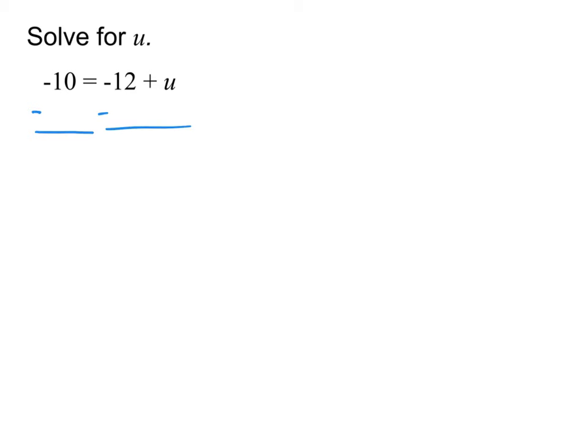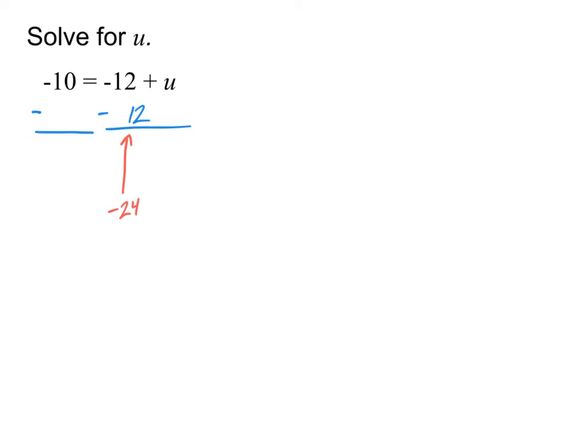The error that I'll see people make is that they will subtract 12 from both sides. But subtracting 12 from both sides won't really work, because you'll notice that if I do -12 minus 12, that would actually equal -24. That didn't make the -12 go away. Why not?